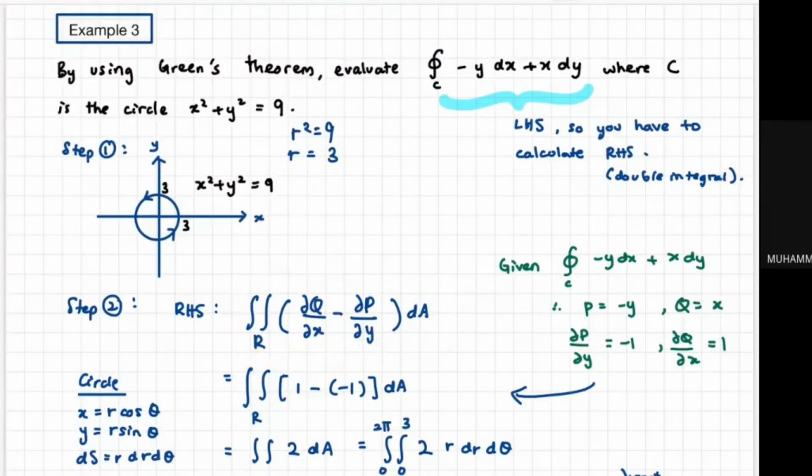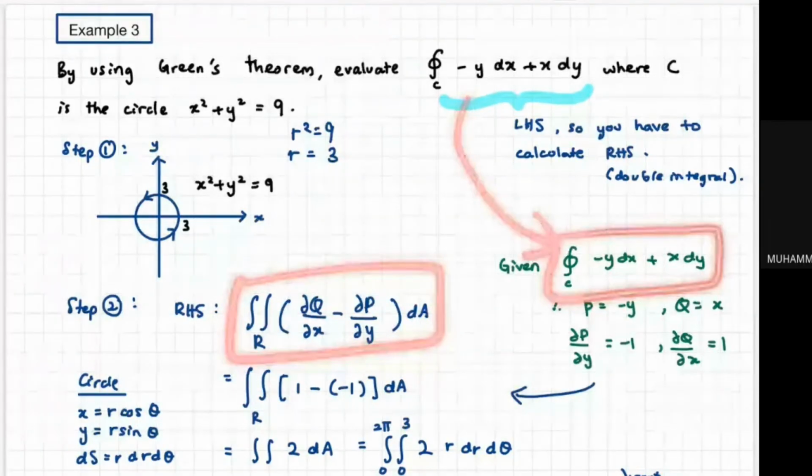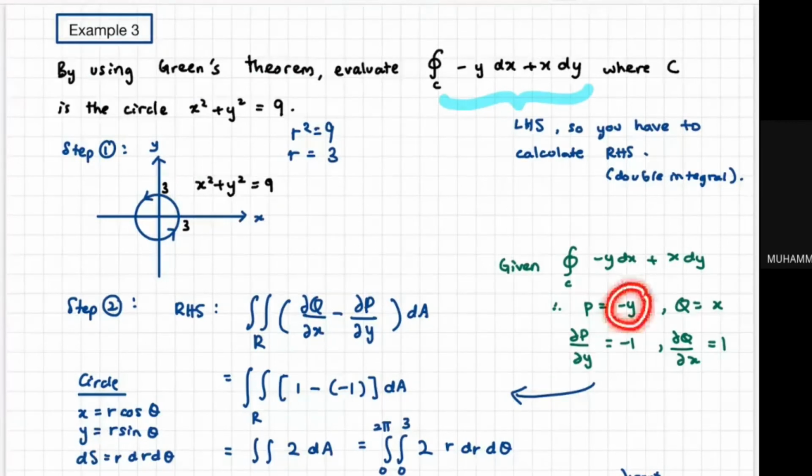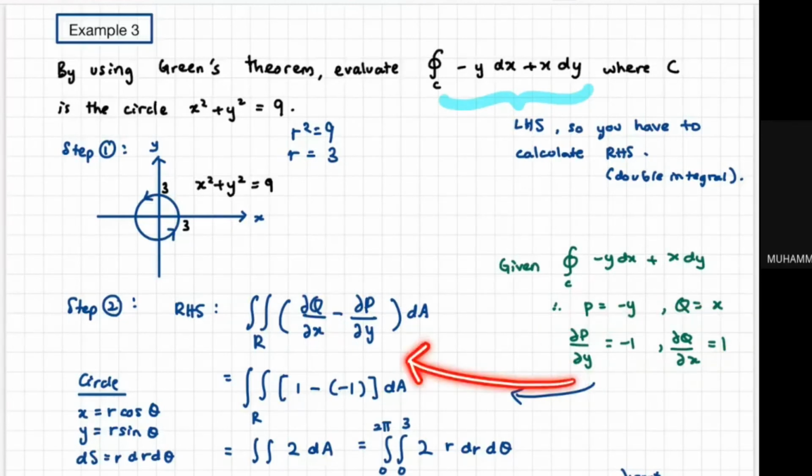So given this equation from the question, your P is negative y, your Q is equal to x. So find del P del y is equal to negative 1 and del Q del x is equal to 1. So substitute these two into this equation for the right hand side of Green's theorem. 1 minus negative 1, you will get 2.